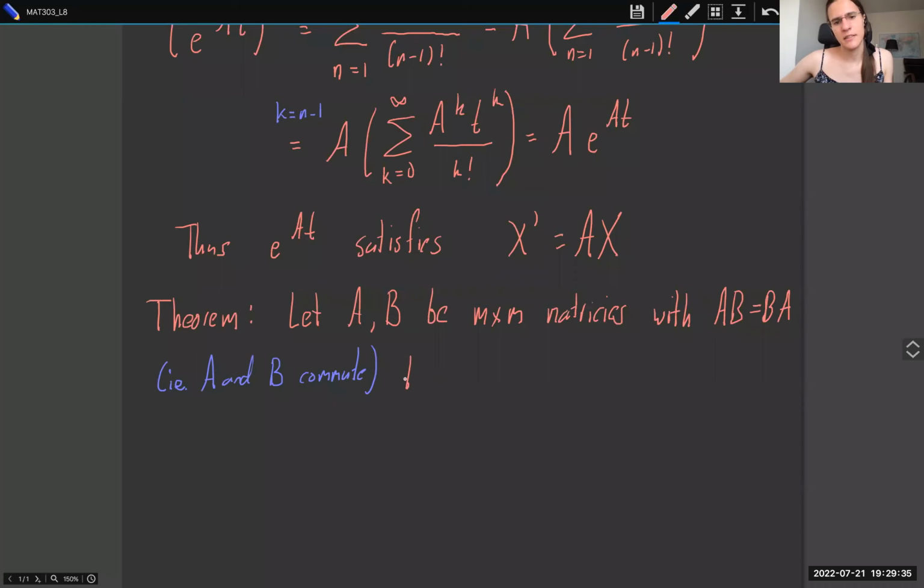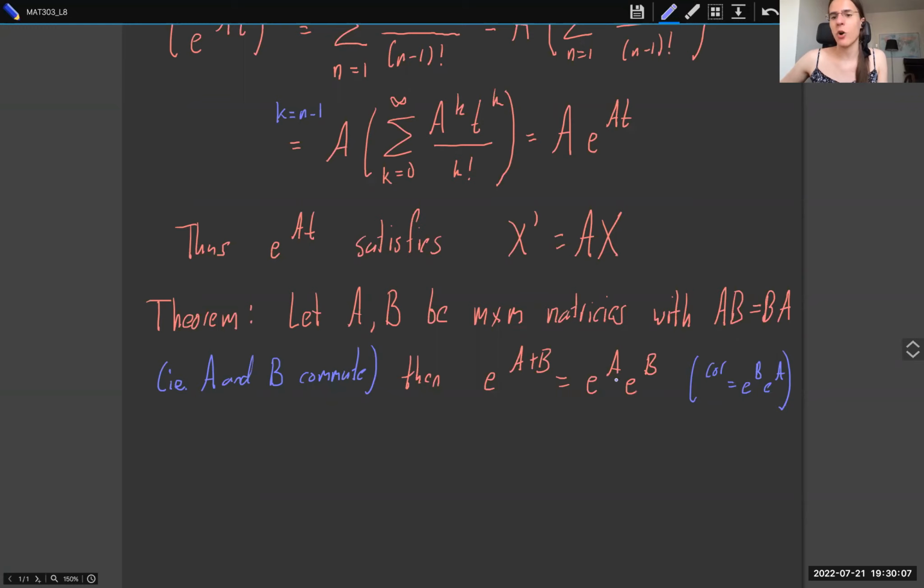Then e to the A plus B is equal to e to the A times e to the B, which by a consequence, since A plus B is equal to B plus A because addition is commutative, is also equal to e to the B times e to the A. So if matrices commute, then so do their exponentials.